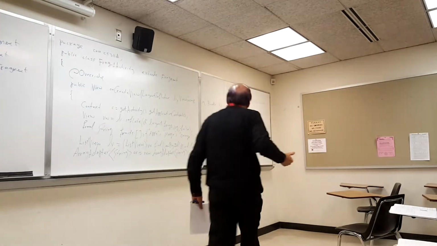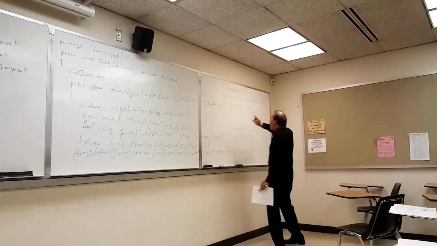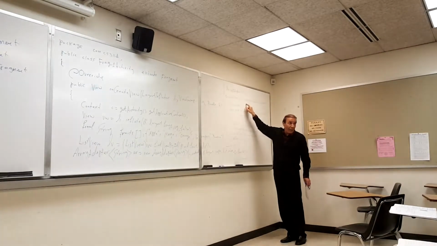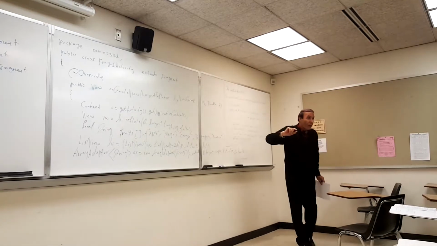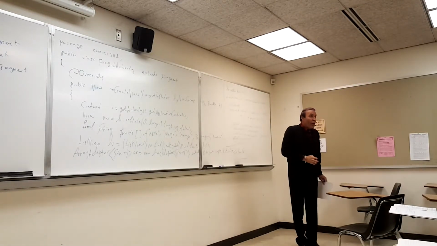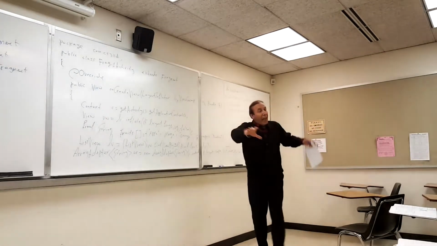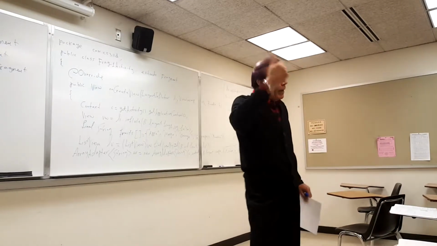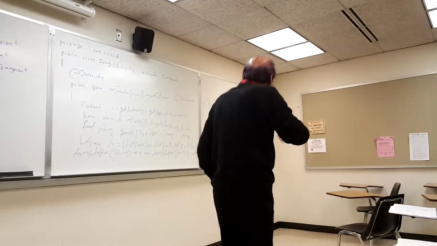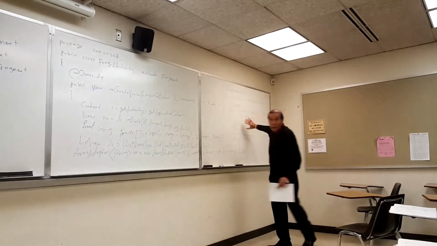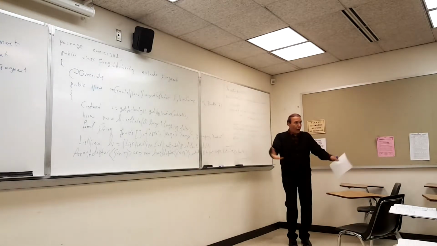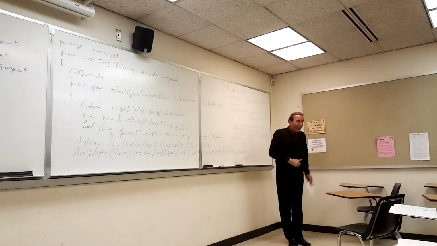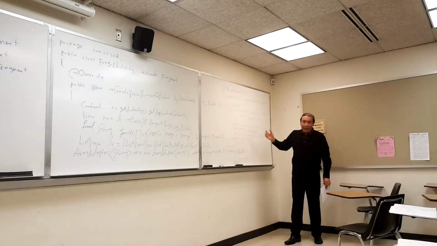What's the name of the interface? The name of the interface is OnItemClickListener. Okay, but you can't implement it here because a fragment doesn't extend activity. That's correct. So we're going to make a separate class, and that class is going to implement OnItemClickListener, and we don't need to make it anonymous. And then you just set the OnItemClickListener to that non-anonymous class.